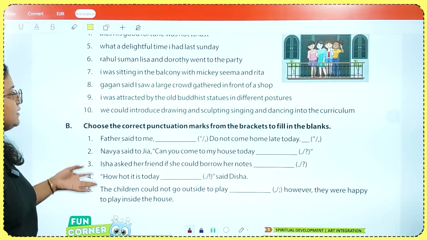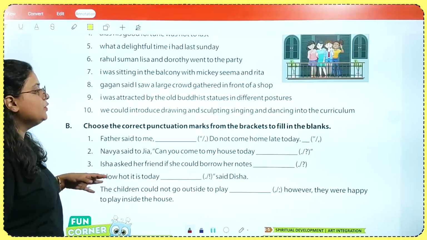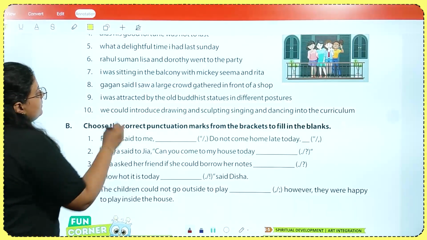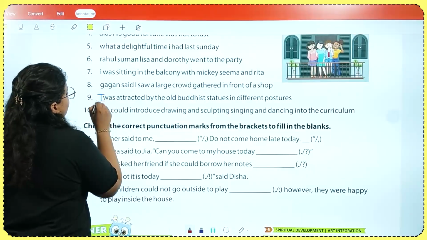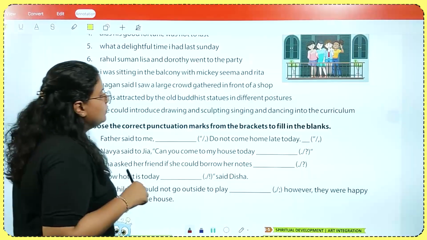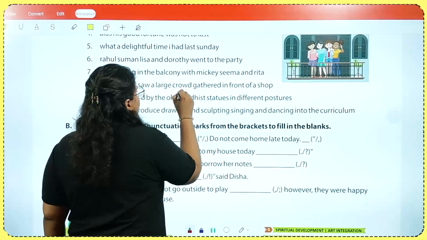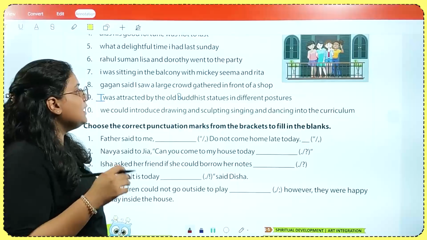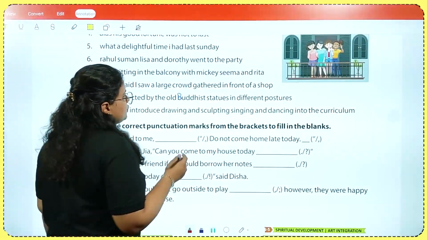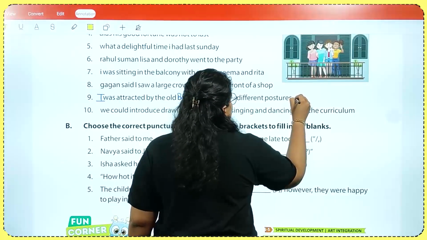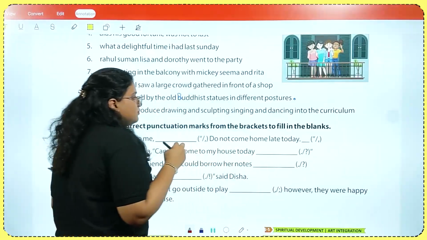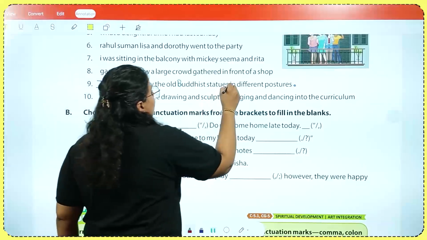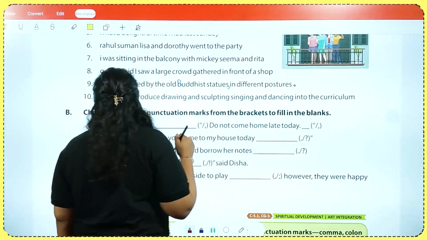I was attracted by the old Buddhist statues in different postures. So firstly, I will be capital. Was attracted by the old Buddhist, B will be capital. Statues in different postures. Full stop. There is a comma after statues also.